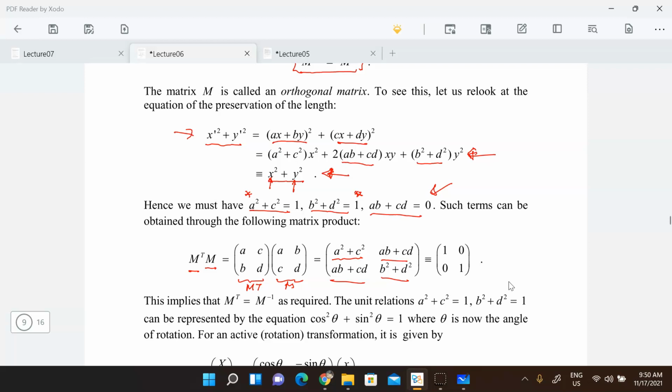Since A squared plus C squared has to equal 1 according to this preservation of length, and B squared plus D squared equals 1, and the off-diagonal is 0, coming from this equation. So what does that tell us? M transpose times M must be equal to the identity matrix. In other words, M transpose has to be equal to M inverse.